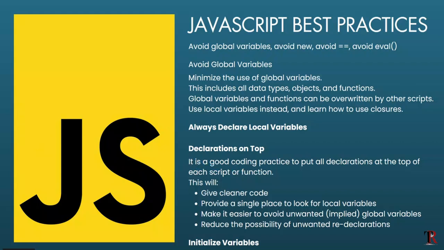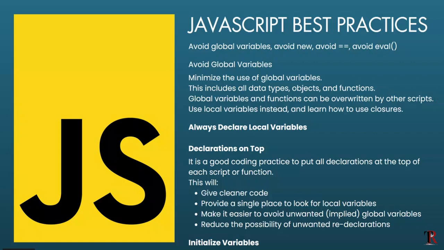Also, initialize variables. It's a good coding practice to initialize variables when you declare them. This will give cleaner code. It will provide a single place to initialize variables, and it will also avoid undefined variables. Initializing variables provides an idea of the intended use and intended data type.